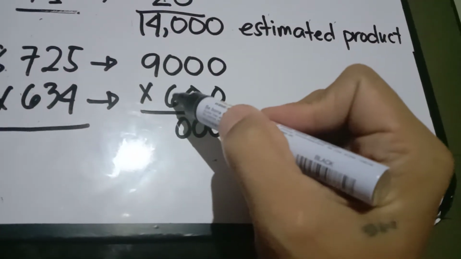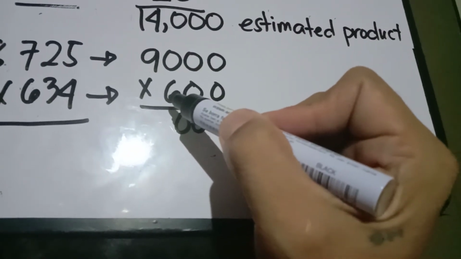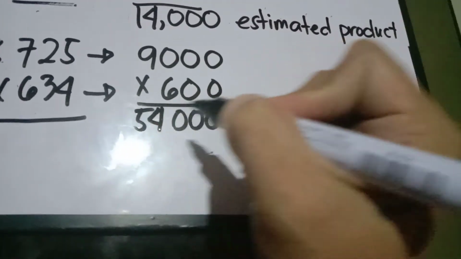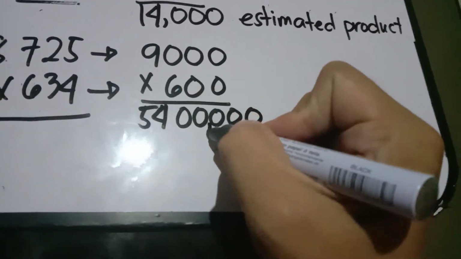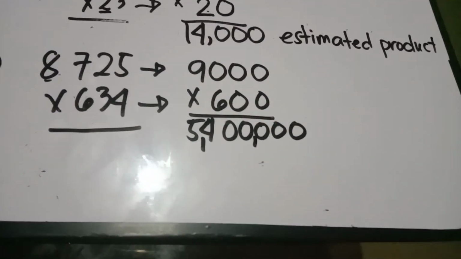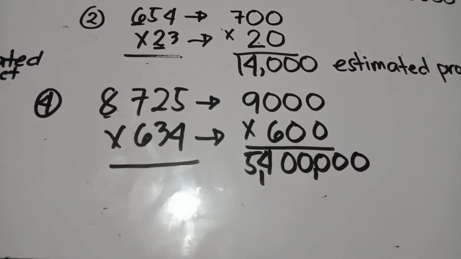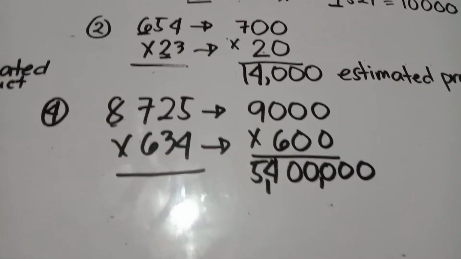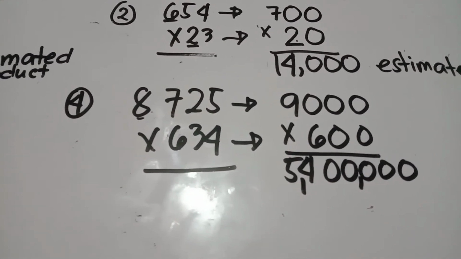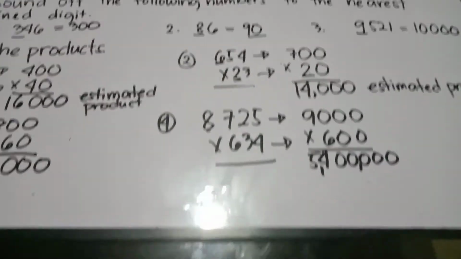Then multiply 6 and 9. 9 times 6 is 54. So write 54. So 5,400,000 is the estimated product of 8,725 and 634.